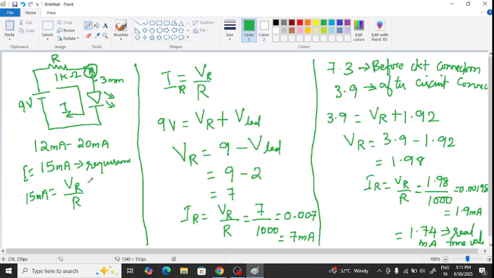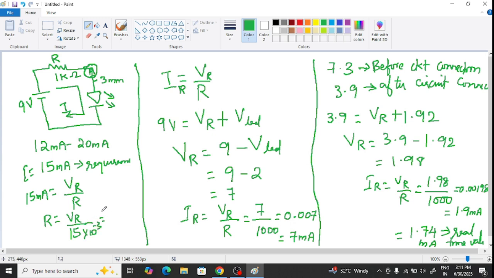So we are going to find the value of R, and if we connect that resistance value to this circuit instead of 1K, we will make sure that 15 milliamps will be flowing through this LED. So R is equal to VR divided by 15 into 10 to the power minus 3.